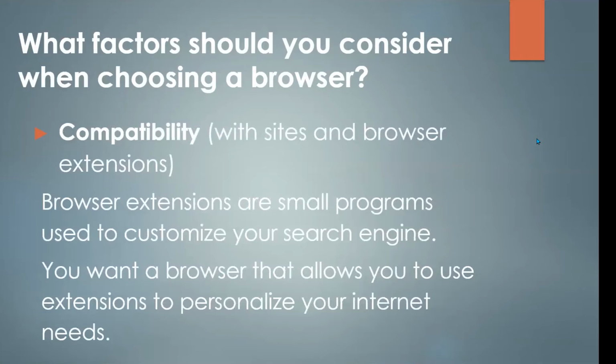Fourth, compatibility with sites and browser extensions. Browser extensions are smaller programs used to customize your browser. I'll show you some different types of browser extensions, and maybe you'll decide to have one if you like them. You want a browser that allows you to use extensions to personalize your internet needs, so it's not limited and it's safer and more secure for you.